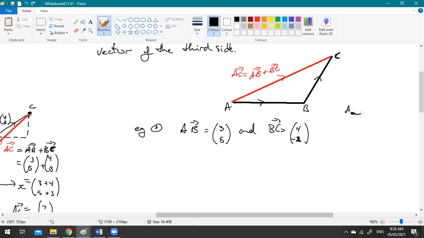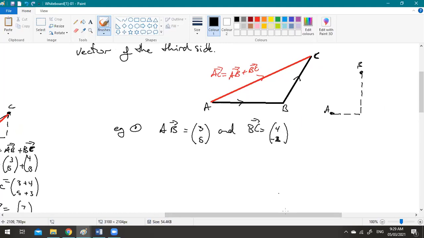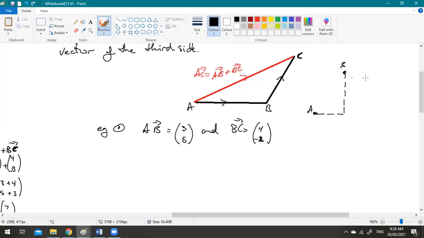So 3 is the X, you'll go across 3 units on the graph, and 5 is positive, so it'll be going up 5 units to B. And from B to C, it's 4, -2, so we're going 4 units across, and then down. So you have this vector here, and this vector here.